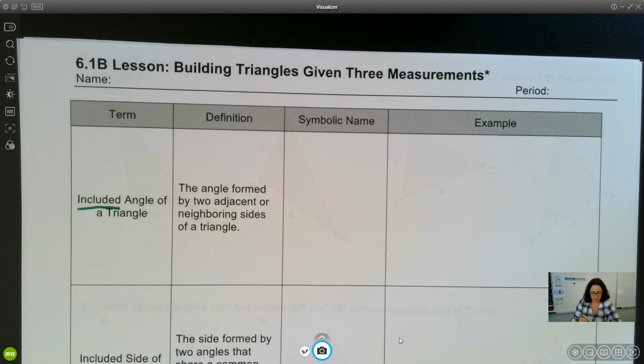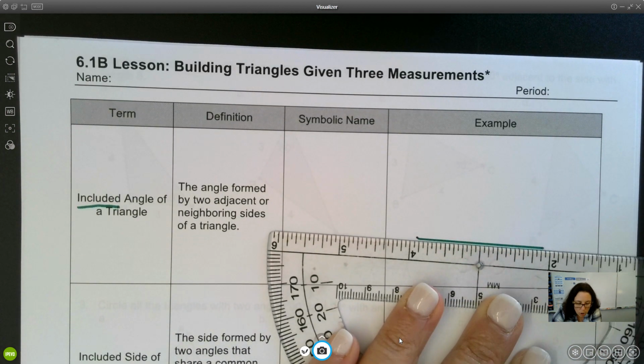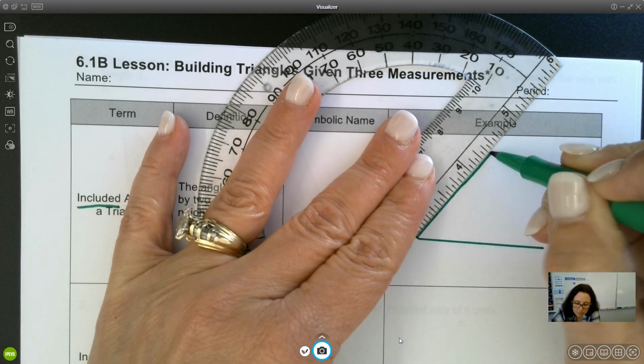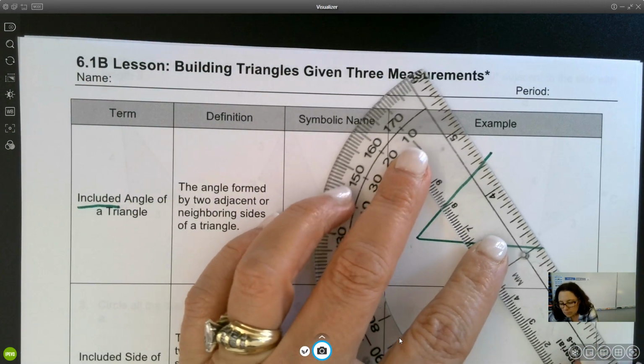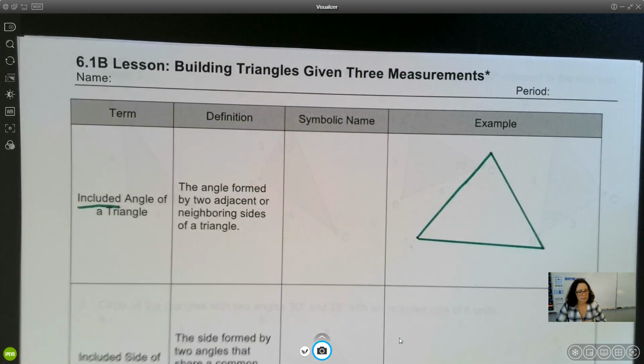Okay, so let's give a little picture of that. I am just drawing any old triangle. Okay, so there's my triangle.